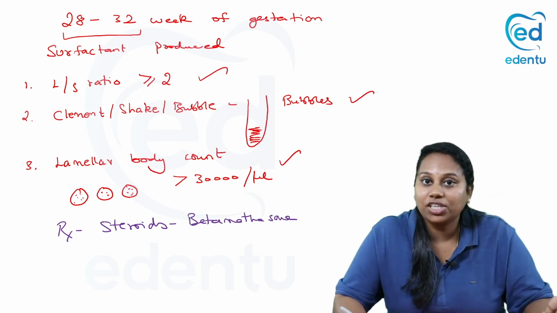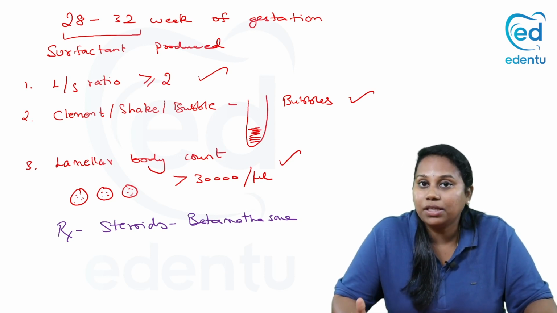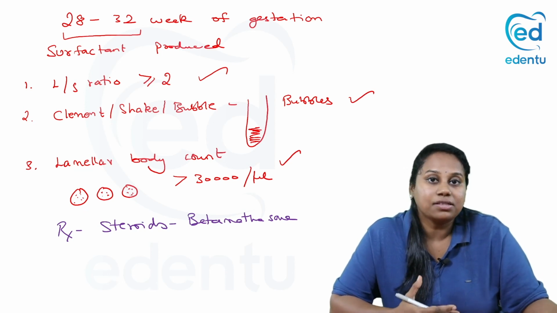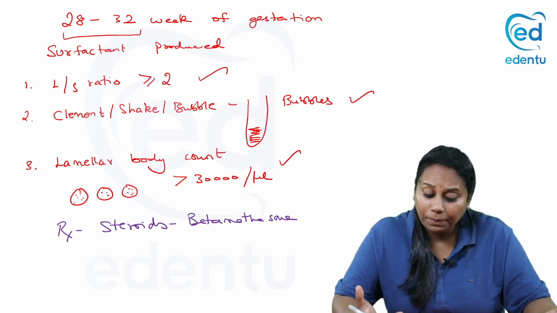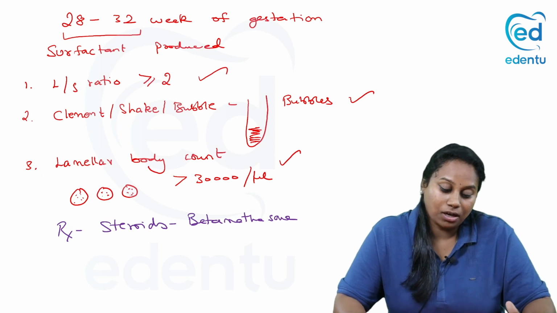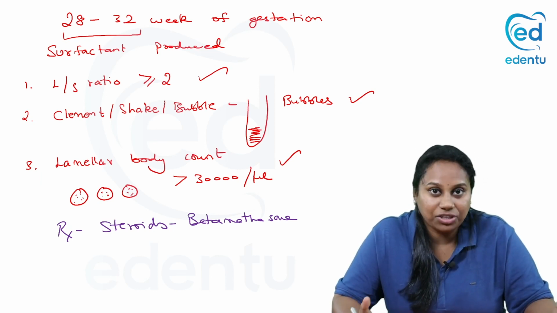What is the use of giving steroids to the mother? Steroids have the ability to increase the surfactant production. So by the time the baby is born, this steroid would have increased the surfactant production in the baby. So when the baby is born, it will not have respiratory distress syndrome. So this is how you will diagnose this when the baby is in utero itself and treat efficiently.